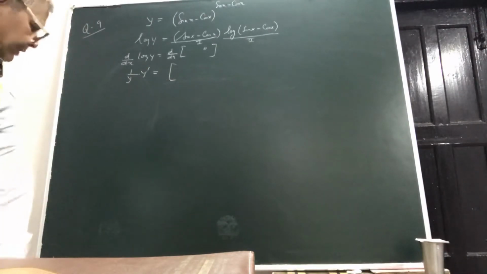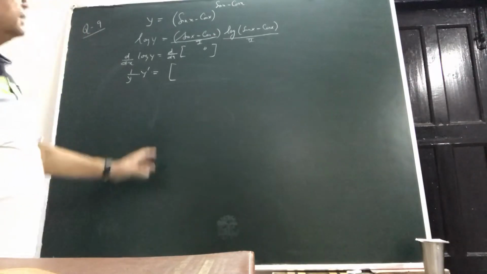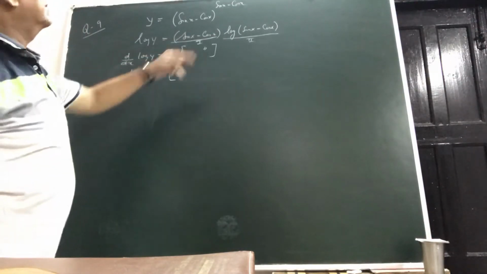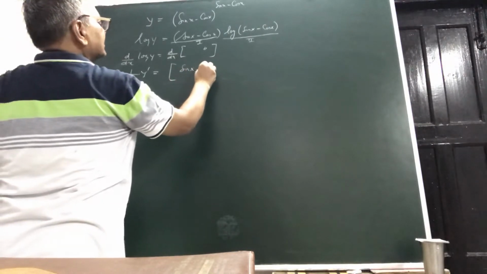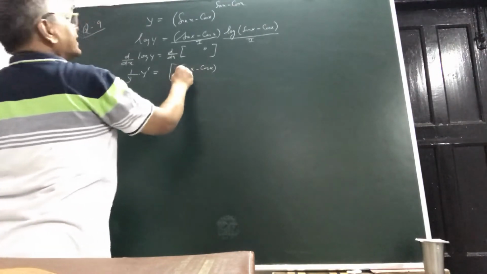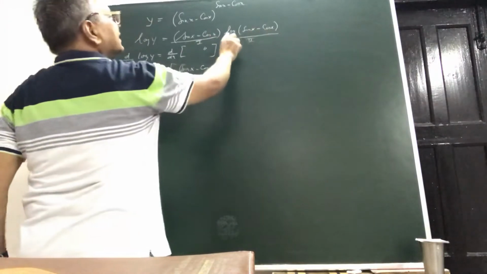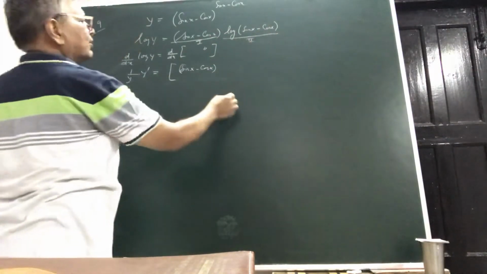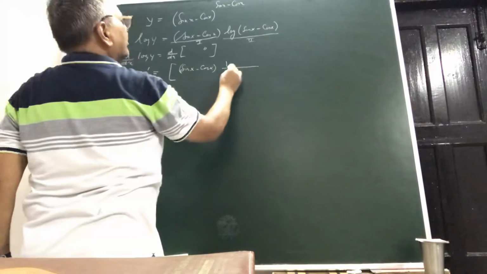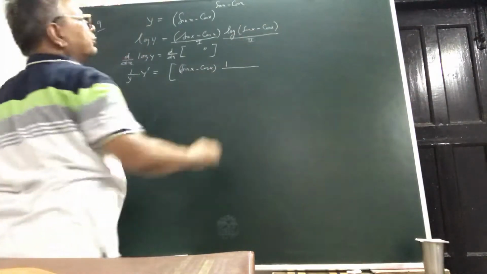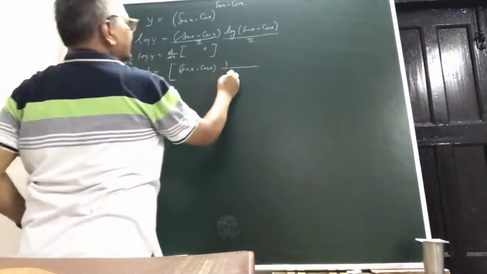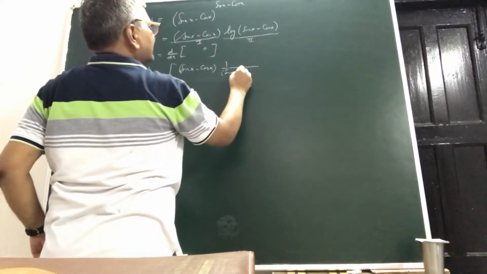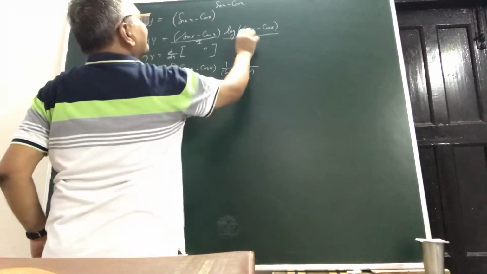We will apply the product rule. What is our first function? It is sin x minus cos x in one bracket, and the derivative of this thing. Differentiation of log sin x minus cos x will give us what? First of all, put this whole thing as t. So the derivative of log t with respect to t will fetch you 1 upon t, that is 1 upon sin x minus cos x, and the derivative of this whole thing.